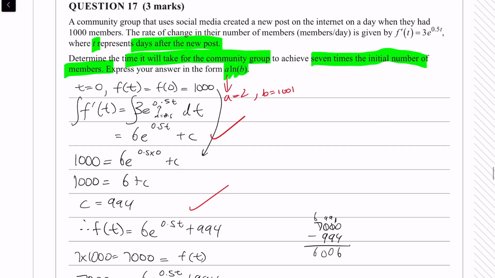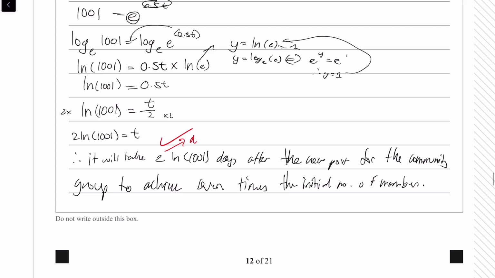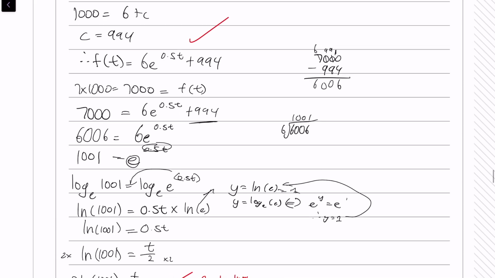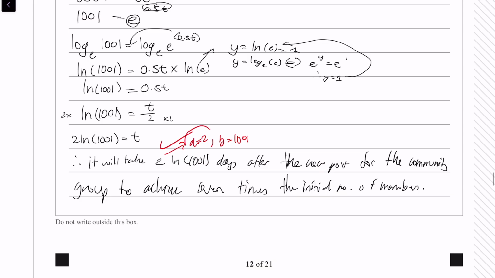I might even mention that in my response as well, just to be really sure. Sometimes the question may actually ask you to express your answer in the form A ln B, giving the answers for A and B, and then you need to say this, otherwise you might technically lose marks for that.